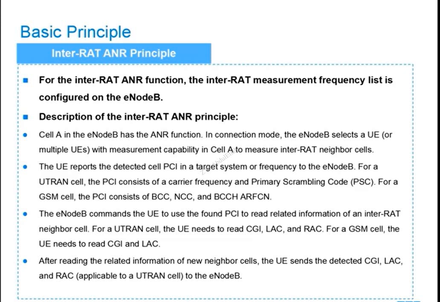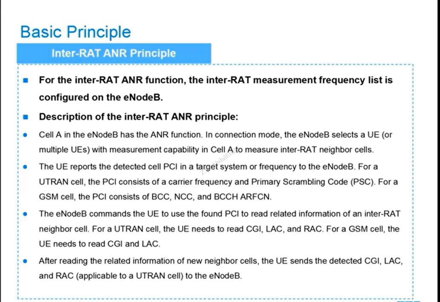Later, the UE will report the detected cell PCI in the target system frequency to the eNode B. For a UMTS cell, the PCI consists of a carrier frequency and a primary scrambling code. It's different from LTE.